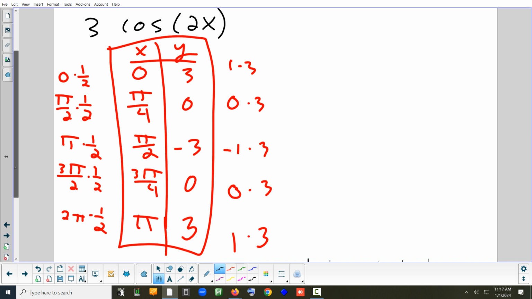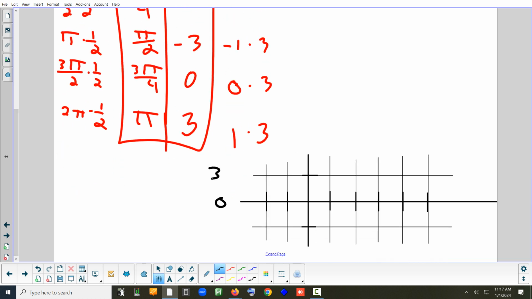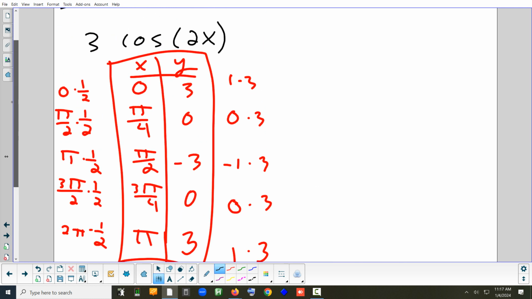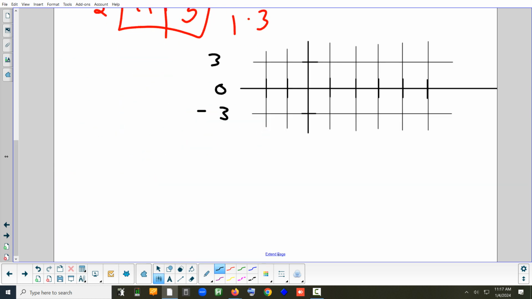All right, so now the sketch. So this time I'm going to scale my y's to go from -3 to 3. My x's are going to use the labels in the table. 0, pi over 4, pi over 2, 3 pi over 4, and pi.